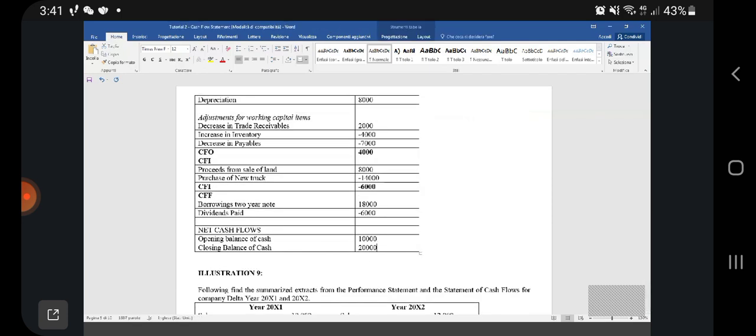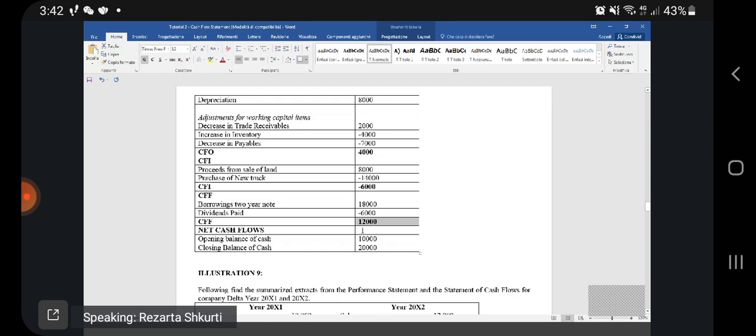Cash flows from operating activities would be a 12,000 positive amount. And how much would be the net cash flows? Remember, it is the sum of cash flows from operations 4,000 positive, minus 6,000, plus 12,000 positive.